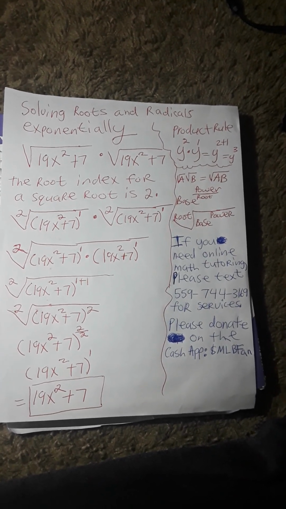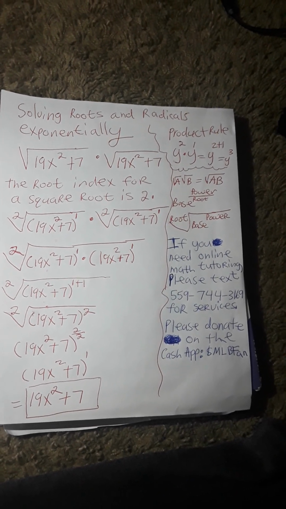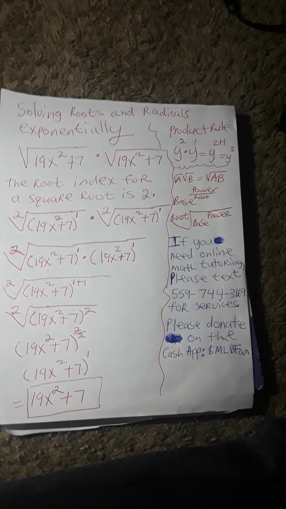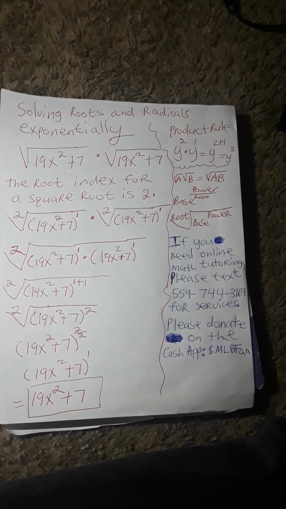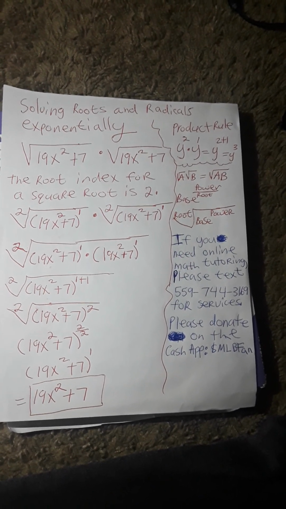So it is in the form of square root of a times square root of b. So now we need to combine the two square roots and put it in the form of square root of ab.